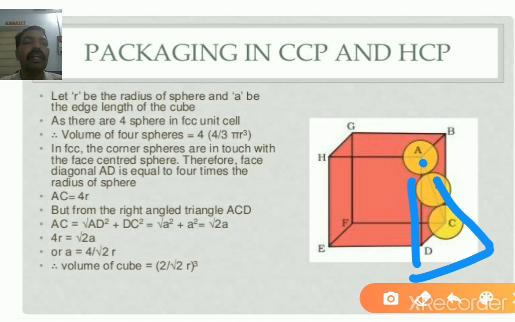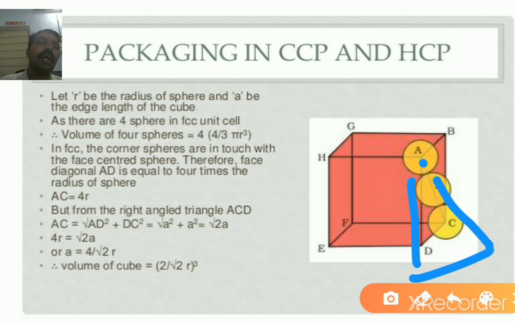But AC is equal to 4r, because the constituent particle at A has radius r, the particle at C also has radius r, and the constituent particle present at the center of the face has diameter 2r, that is 2r plus r plus r, which means 4r.